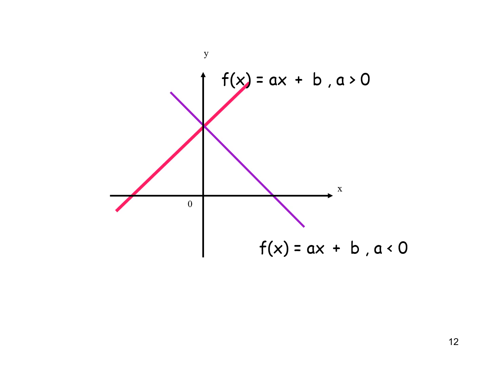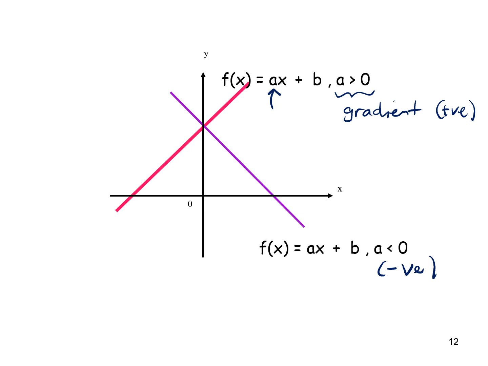First, when a is positive, which is the gradient, the gradient of the function is positive. The coefficient of x, a, is positive, so the graph is increasing. For f(x) = ax + b where a is negative, the graph is decreasing.